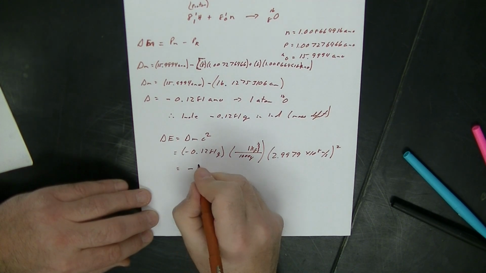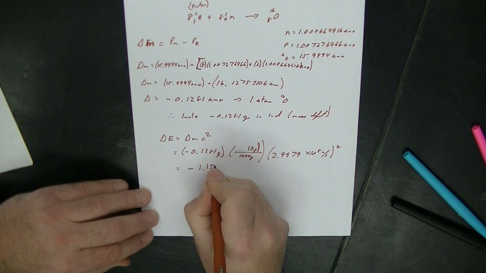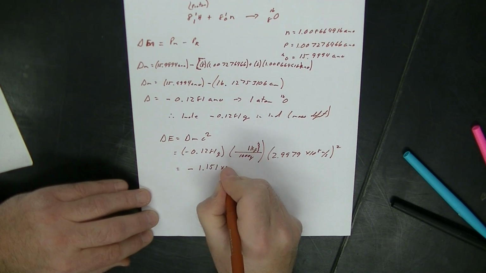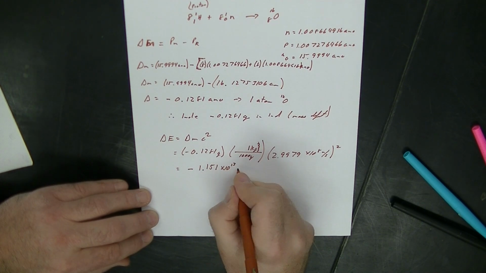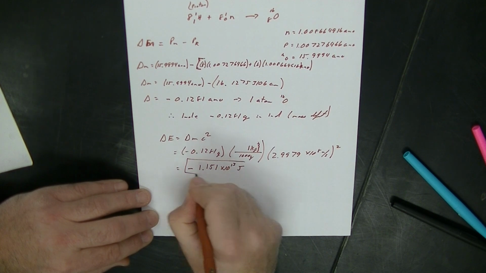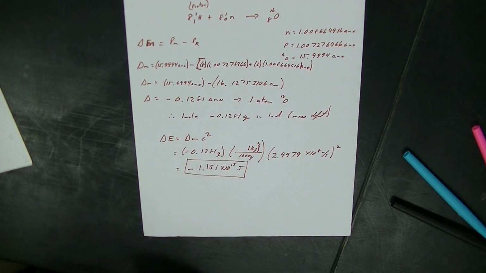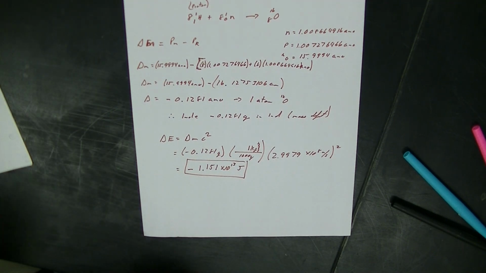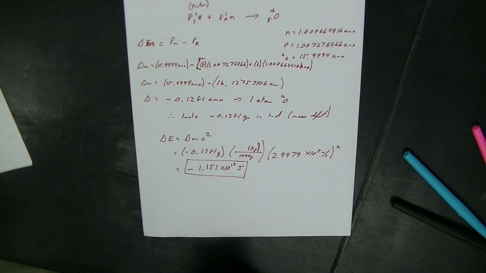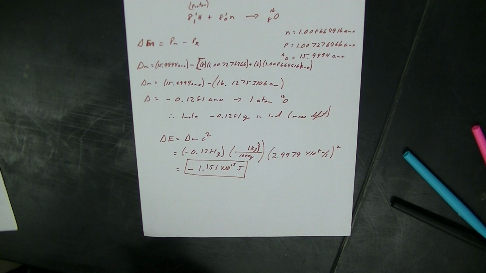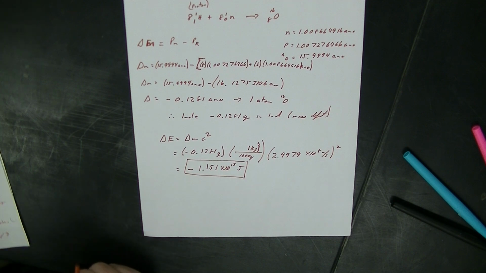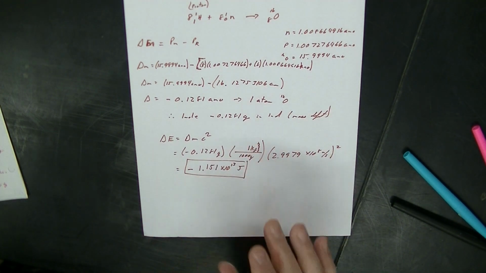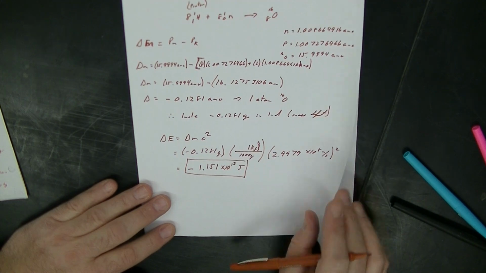It would give off 1.151 times 10 to the 13th joules, which is, again, a ton of energy. That's why we use these nuclear equations, because they produce so much energy. This goes right along with binding energy.